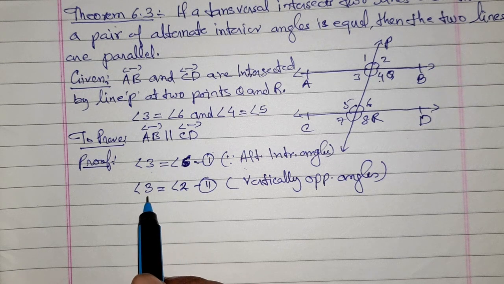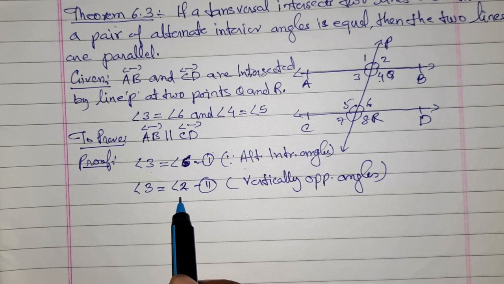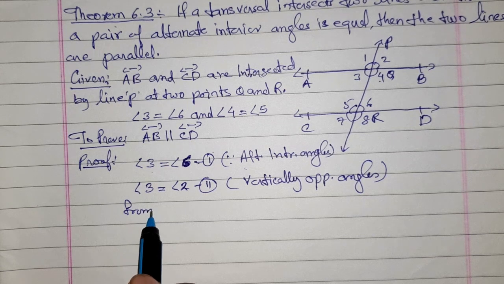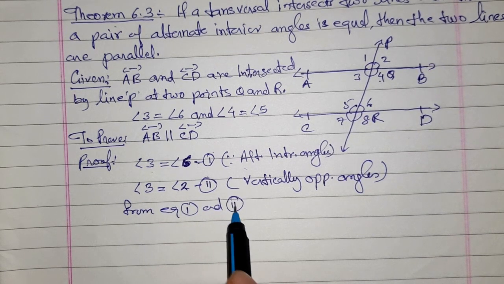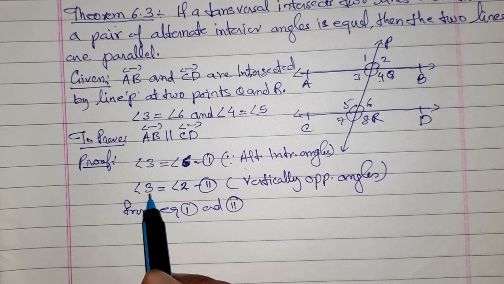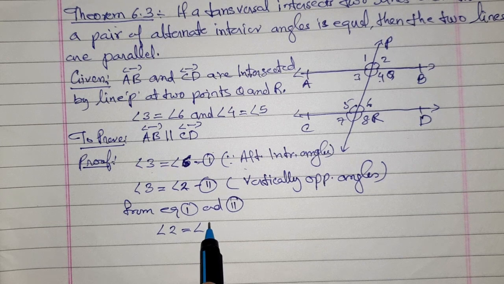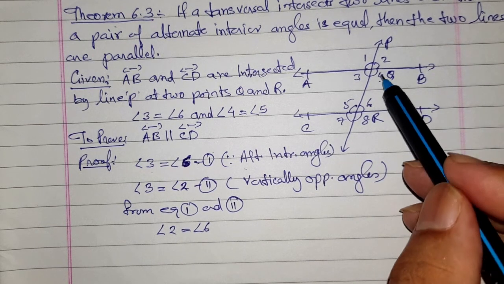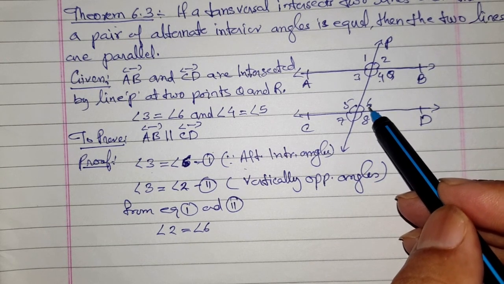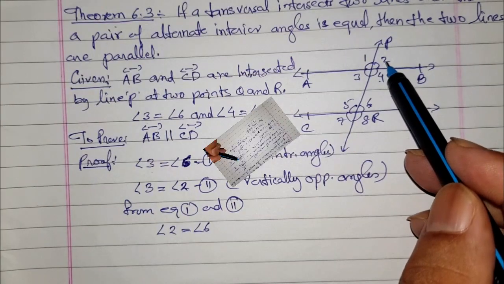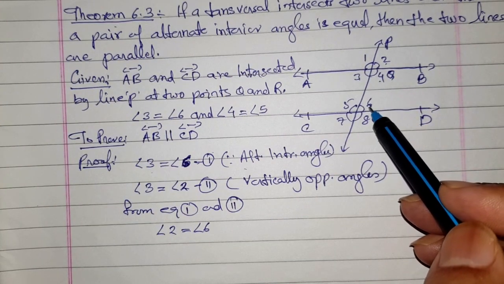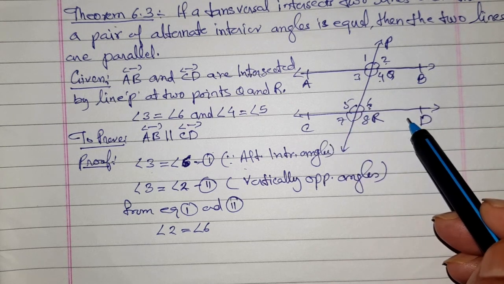In equation 2, angle 3 is equal to angle 2. So from both the equations, what we'll get? Equation 1 and 2, so 3 we can cancel. What is left? Angle 2 is equal to angle 6. So what are angle 2 and angle 6? They are corresponding angles. In previous classes we have learned corresponding angles are equal, then we can tell that AB is parallel to CD. Got it?